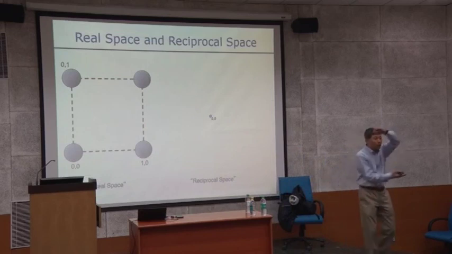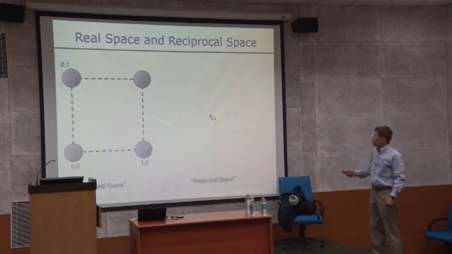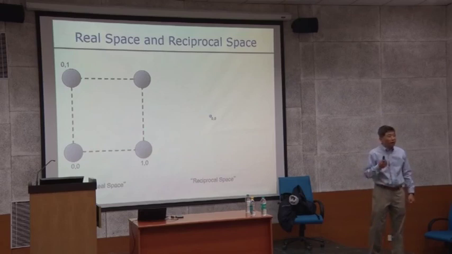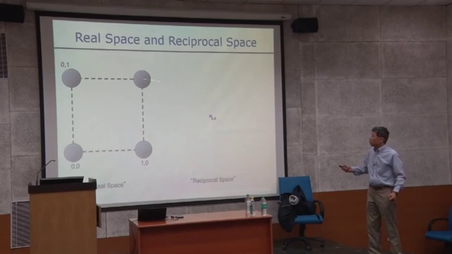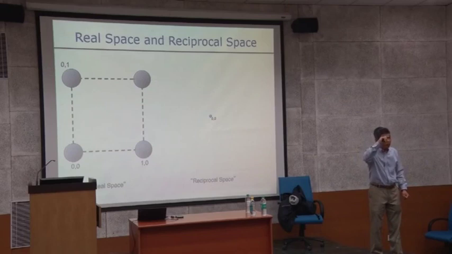Okay, I draw this plane. And when you draw this plane, I have to have an origin. The origin of the reciprocal vector, let's see, the origin is here. You need the origin.